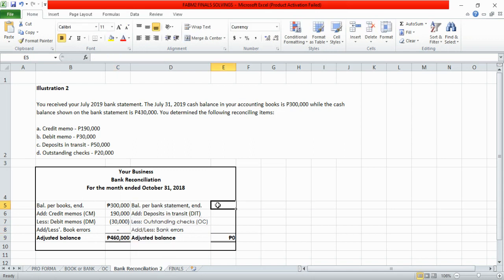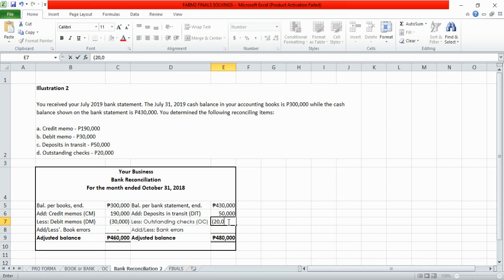Now let's proceed to our balance per bank statement. Here we have 430,000 pesos. For our deposit in transit, that is 50,000, which should be added. Now let's go to our OC, that is less, a deduction. So we have here 20,000.